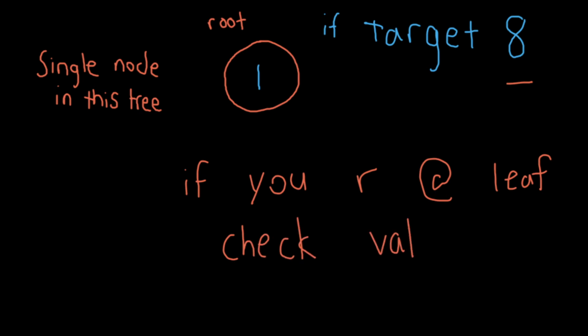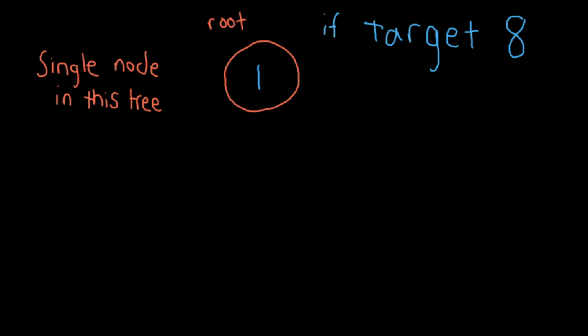And you check to see if the target, which I think they call sum, minus the value, grants you the value of 0. Okay? So that's one thing you're going to have to know. Now, obviously, they're not going to ask you to solve a single node tree, because that's a comparison of 2 numbers. So let's take a look at a tiny bit more complex tree.